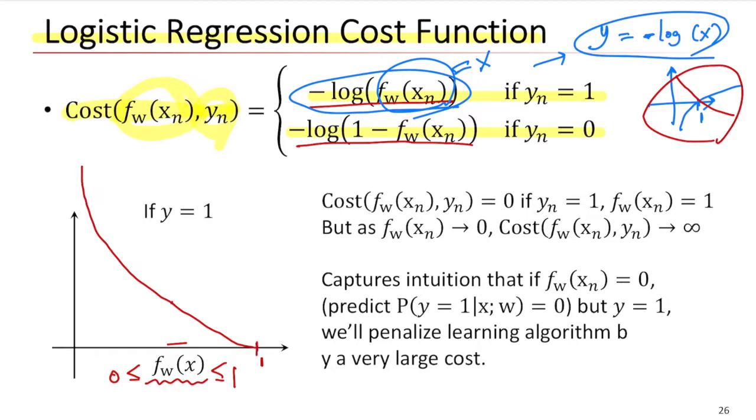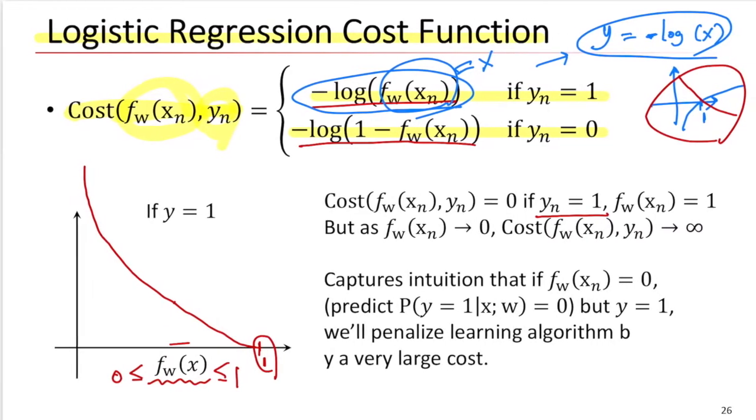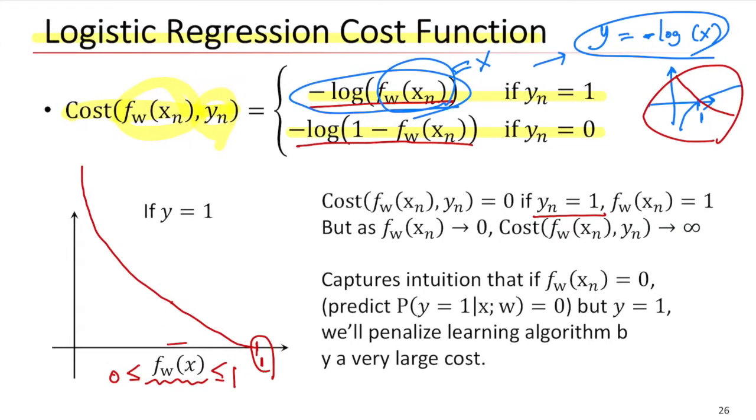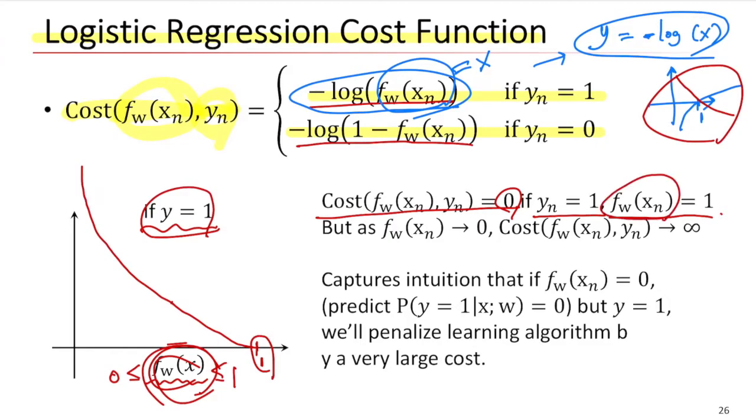There are several properties of this loss function. If yn is equal to 1 and the output of the mapping function f(w, xn) is equal to 1, the cost is 0. What does that mean? If yn is equal to 1 and f(w, xn) is equal to 1, it is correct.